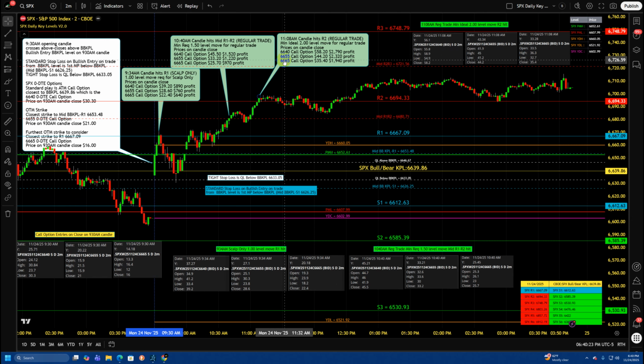The 66.55 was 44.20, $2,320 profit per option. 66.65 furthest out of the money call option $35.40, that's $1,940 per option. Okay, as you can see, we did not get a move up to the next level, the mid R2, R3. We basically went sideways for most of the rest of the day.